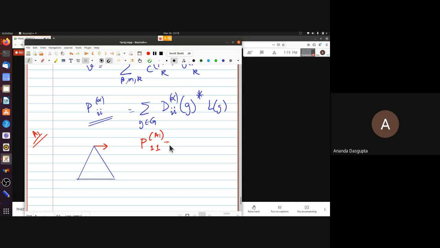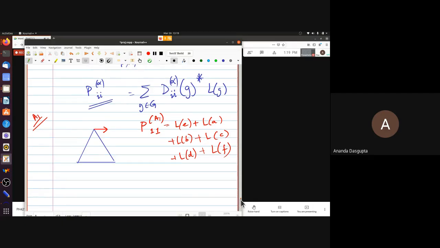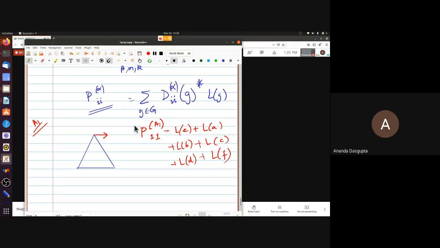They're all 1. That's a trivial representation, right? The representation in which every vector stays the same. So this one is simple. This is L_E plus L_A plus L_B plus L_C plus L_D plus L_F. Six operators added together. You should weight them by the coefficient sitting here, but the coefficients are all 1. So this is your projection operator.